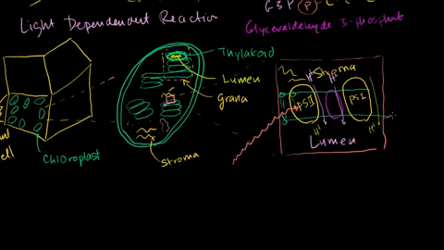So the exact same. Let me see if I can draw that ATP synthase here. You might remember ATP synthase looks something like this, where here you have a huge concentration of hydrogen protons. They'll want to go back into the stroma from the lumen, and they do. They go through the ATP synthase. Let me do it in a new color. These hydrogen protons are going to go back down the gradient.